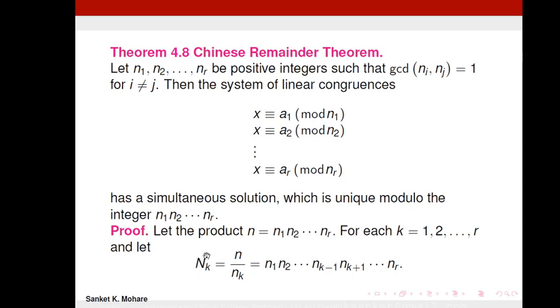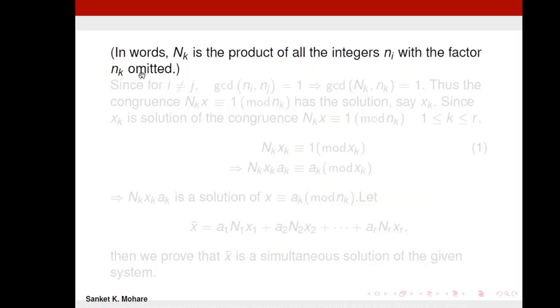So in general, to find capital Nk, n upon nk, the term nk is omitted. This gives the product n1, n2 up to nk minus 1, nk plus 1 and so on up to nr.